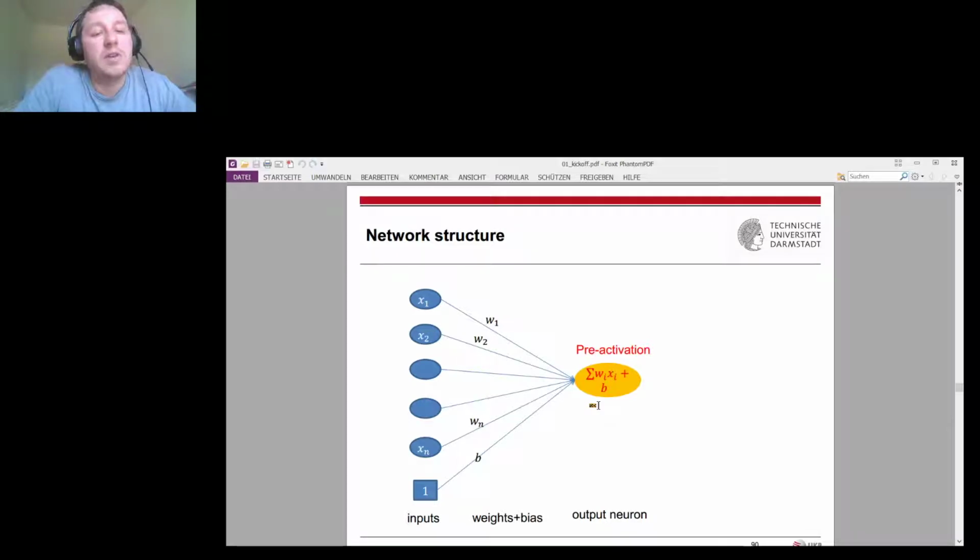The input is given by those neurons that connect to this specific output neuron, right? So we have some input neurons, and they connect to a specific other neuron. And depending on this input, weighted by given weights that specify the importance of certain input neurons for that output neuron, this specific unit would fire or it would not fire.